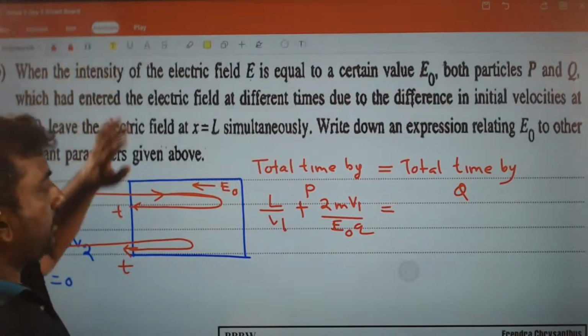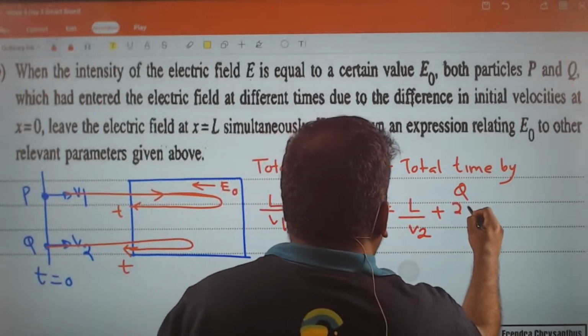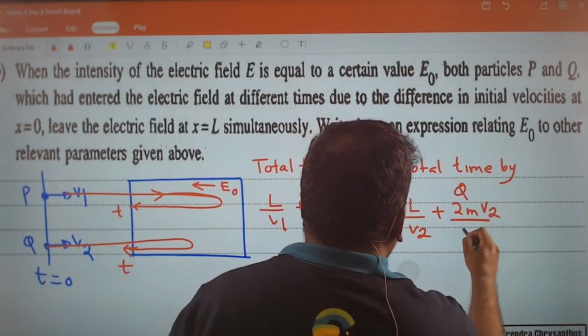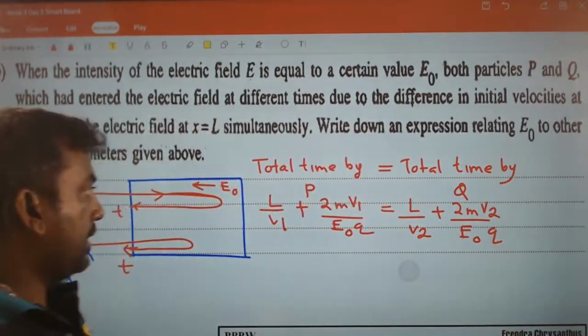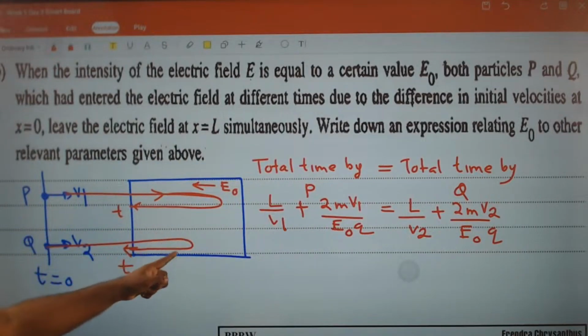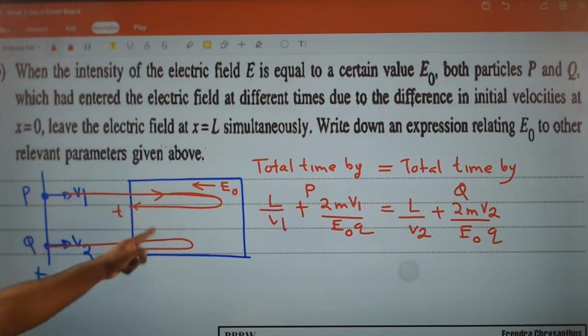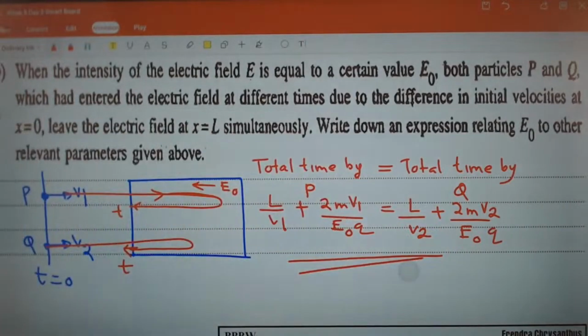Now, here L over V2, 2m V2 over E naught Q. So time outside is different, time inside is also different. Total time is same. Here is your relationship.